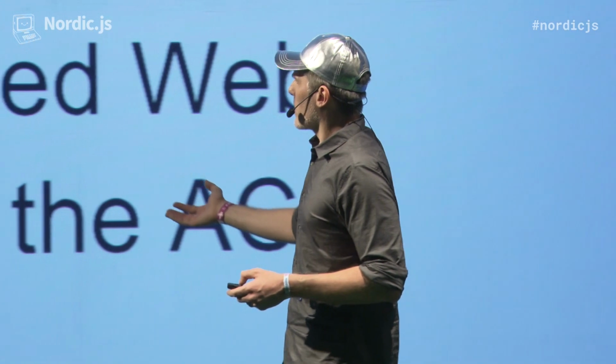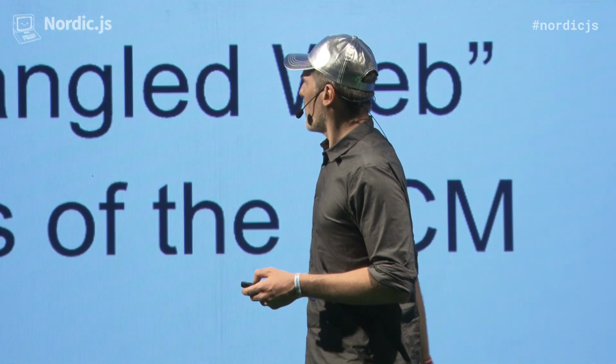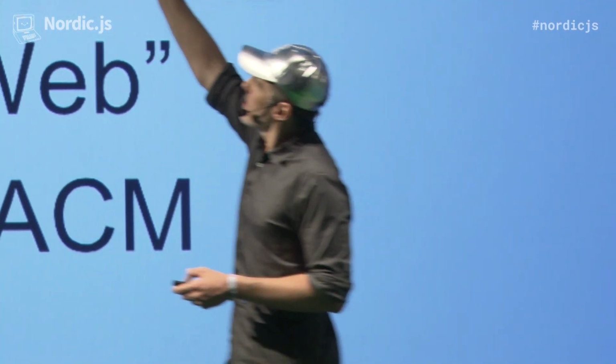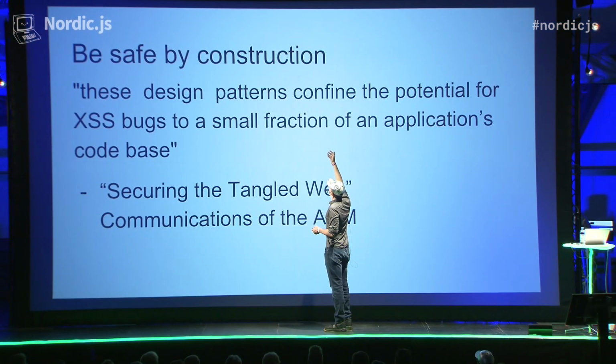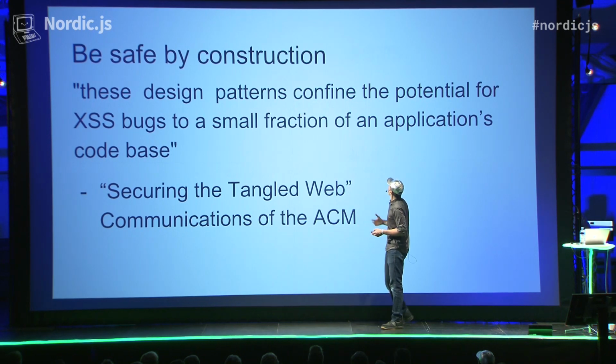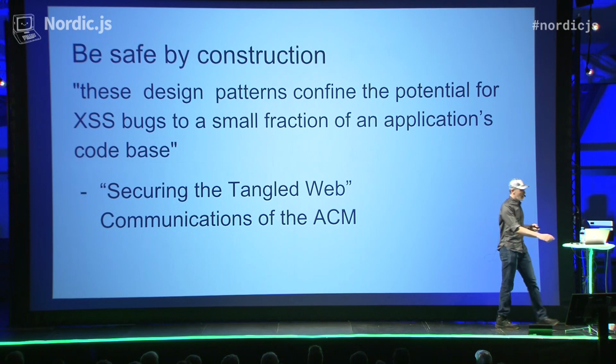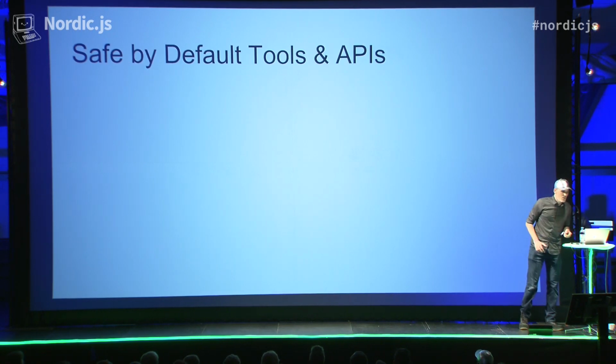One of my coworkers wrote up our experiences a couple years ago for the ACM, and his takeaway was that by using these design patterns, you can confine the potential for XSS bugs to a small fraction of an application code base, a small fraction that you can then thoroughly review.